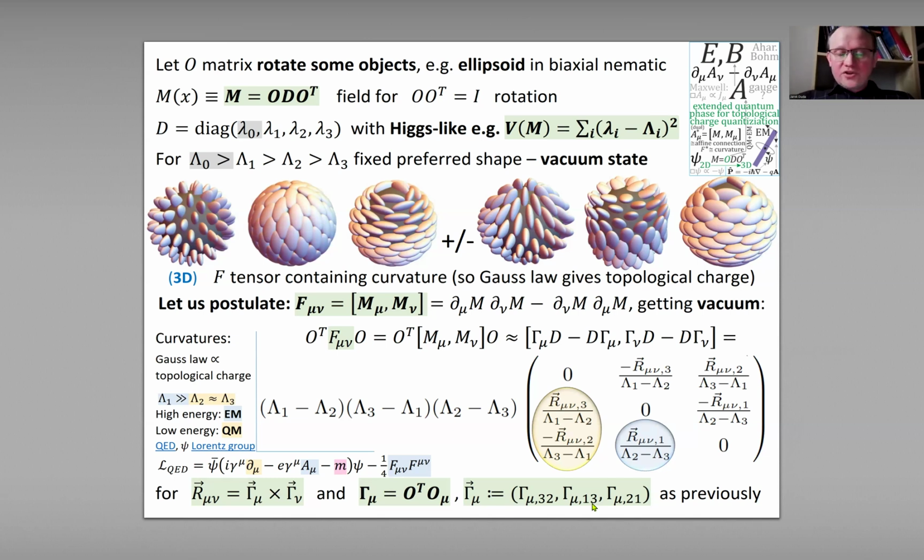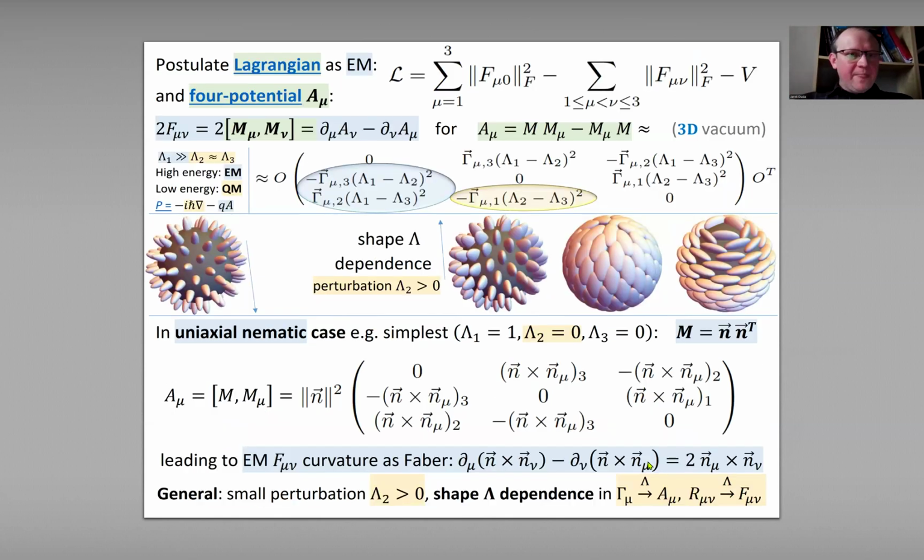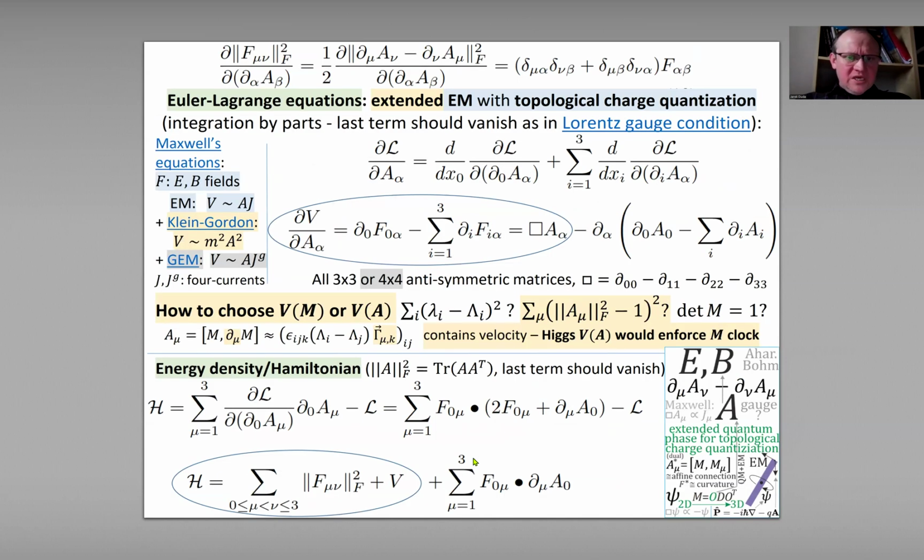The contributions depend on the differences of the lambda, so the energy contributions are different for the tilt, twist, and the gravity. Here is the universal kinematic case: if we no longer distinguish the twist, we indeed get just the simpler case as in Faber's approach. So here's the Hamiltonian; you can get approximately Klein-Gordon.